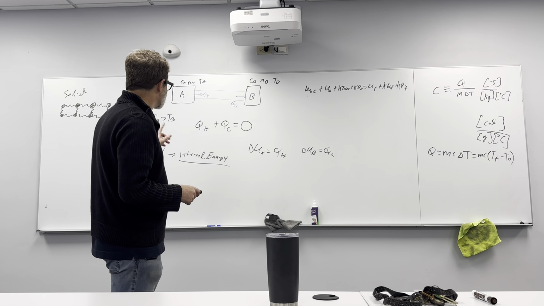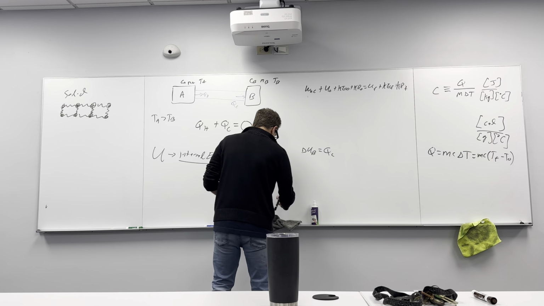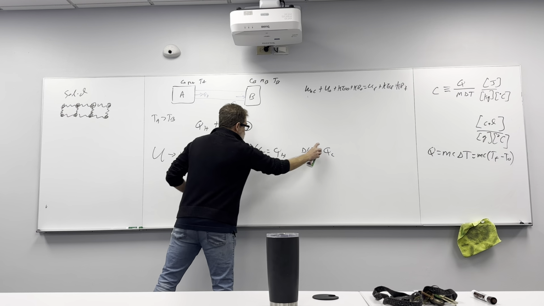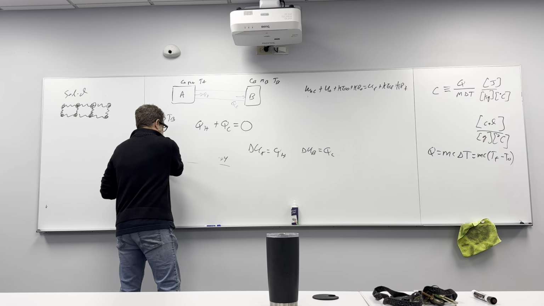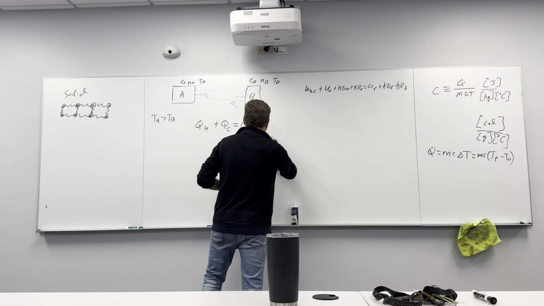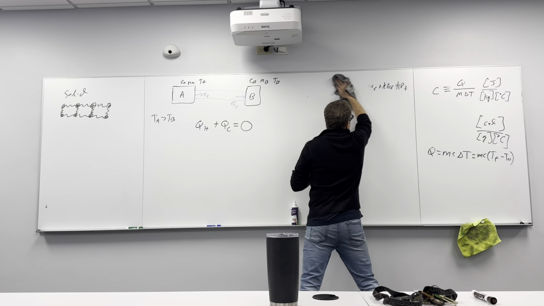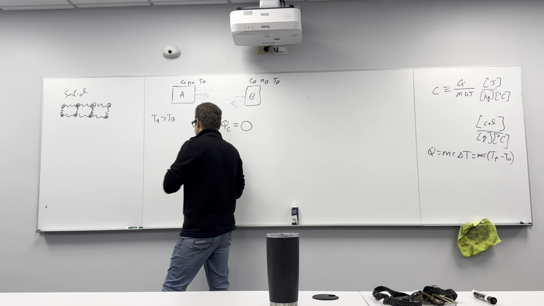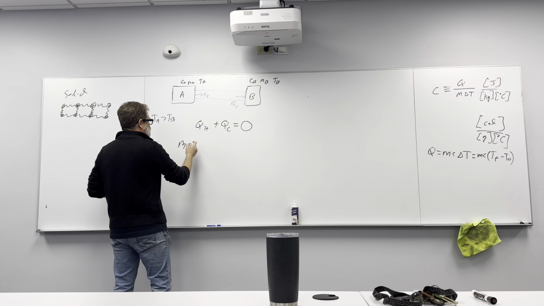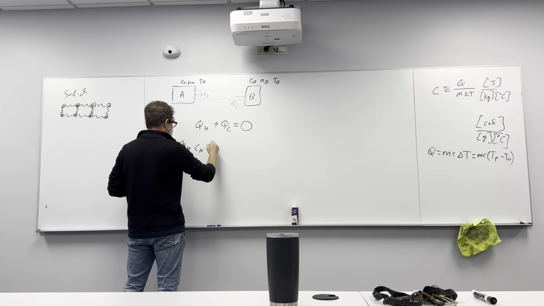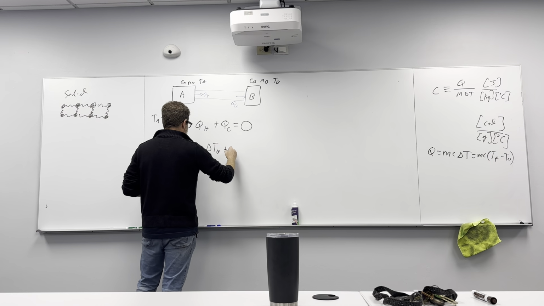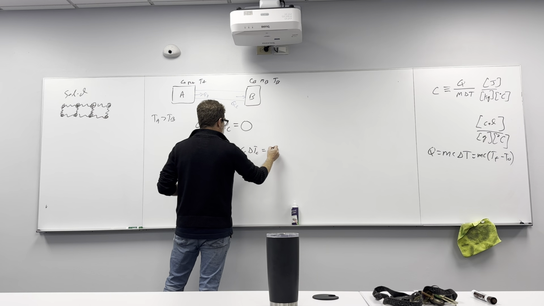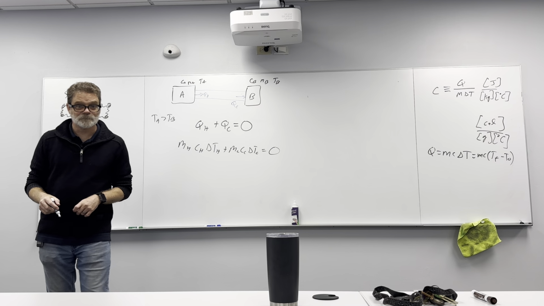All right. So Q_H plus Q_C equals 0. Let's work with that. See what that means. How do we calculate Q? We just use m c delta T. So this is mass of the hot, specific heat of the hot, delta T of the hot, plus mass of the cold, c of the cold, delta T of the cold, equal to 0. Right? That's what that formula is telling us.